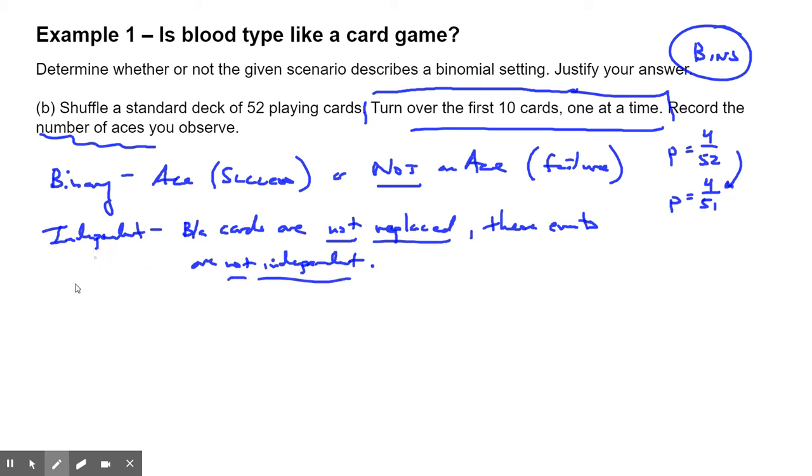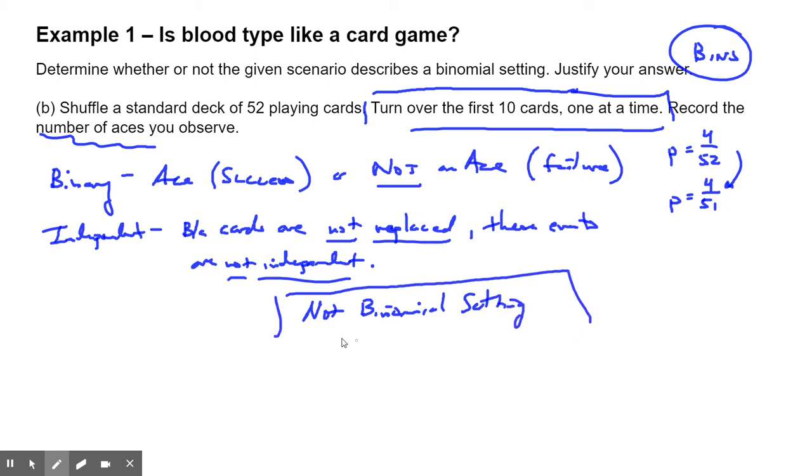And because it fails this condition, this is then not a binomial setting. Okay, so hopefully that makes a little sense to you, and we can remember this BINS idea for binomial settings. All right, that was objective 1. Objective 2 is coming.